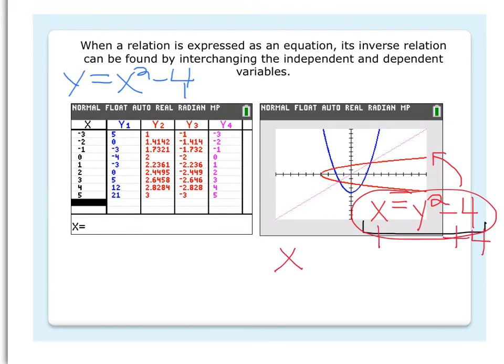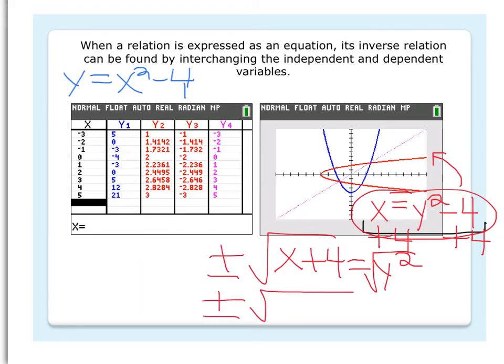So if I add 4, I get x plus 4 equals y squared. And then to finish solving for y, I would square root both sides to get rid of the square, and I need to put a plus or minus in front of my answer, which means that y equals plus or minus the square root of x plus 4.